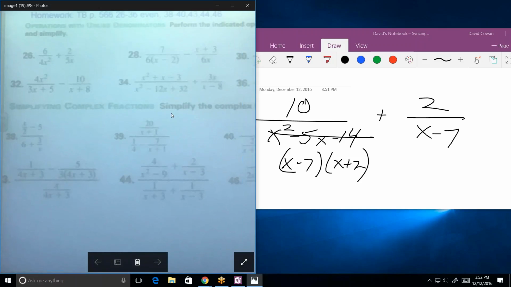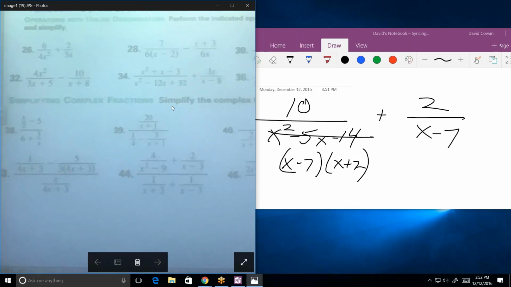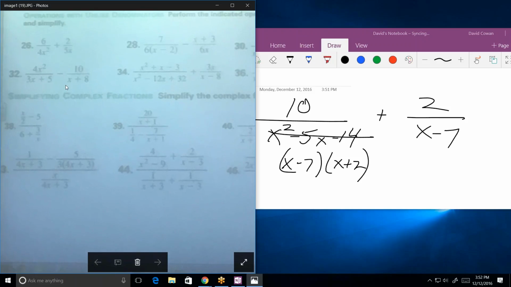Let's see, 32, what's the least common denominator? 3x plus 5 times x plus 8. Okay, notice you're going to have the same problem here. There's a negative sign there.